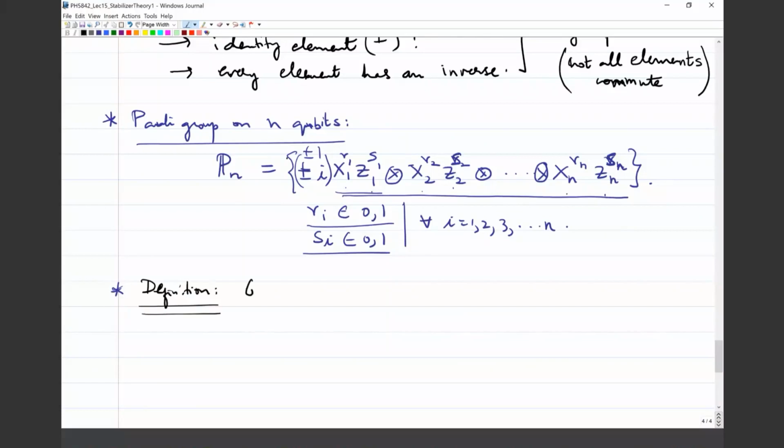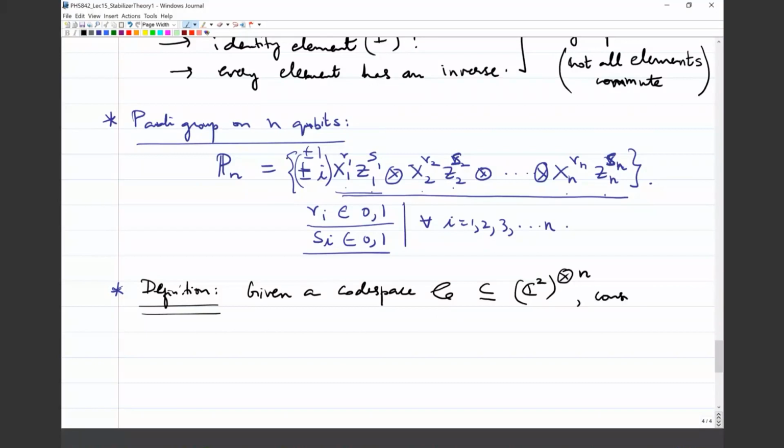Given a code space C, which is some subspace of the n-qubit space, right? Doesn't matter what the size is. So for example, if it's an [n, k, d] code, it will be a 2 to the k dimensional subspace of the 2 to the n dimensional space, right?